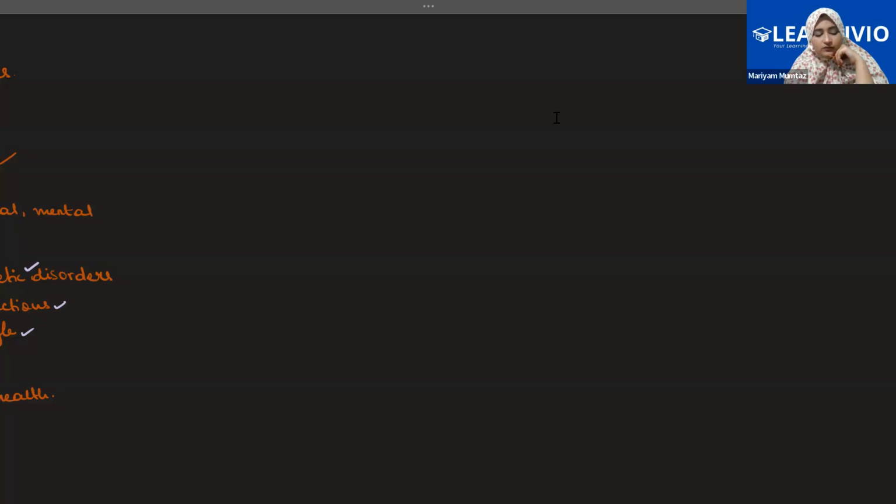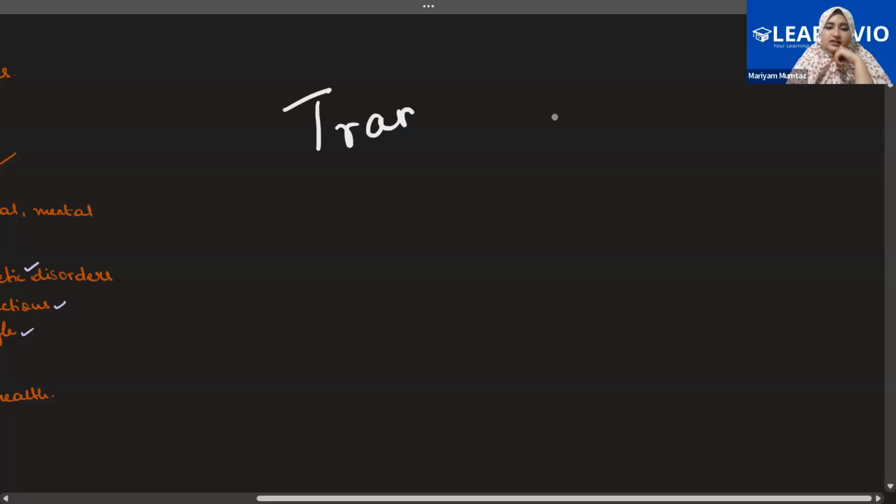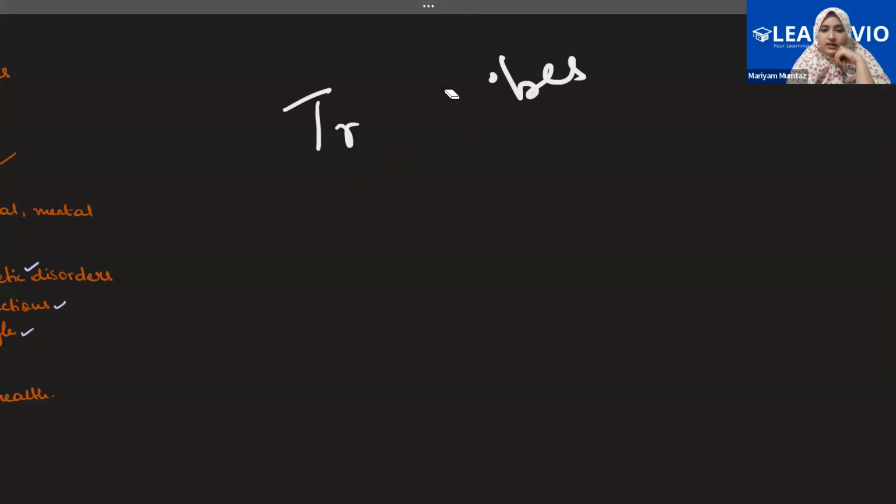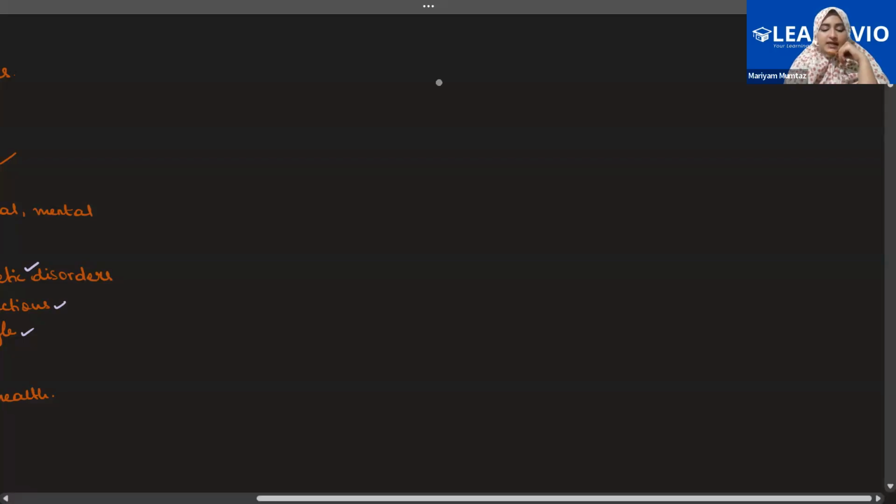Okay. Then you write down fourth, structural gene. It transcribes mRNA, messenger RNA, for polypeptide synthesis.